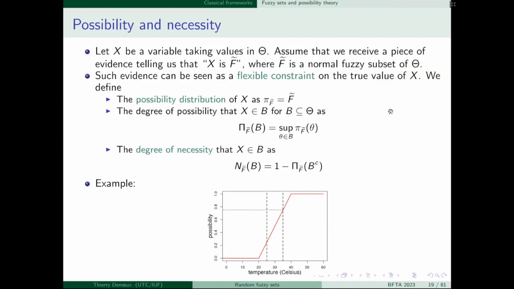So you take the complement, it has two parts outside this interval, okay? And in that the supremum is 1. So the degree of necessity of that interval is 0. Okay? So it's not at all necessary that if you know it's hot, the temperature is between 25 and 35, but it is somewhat possible. The degree of possibility is 0.75.